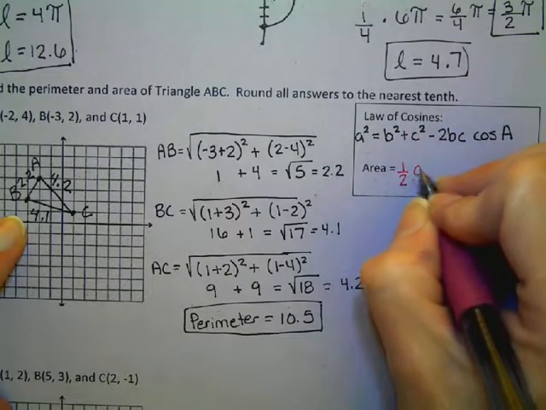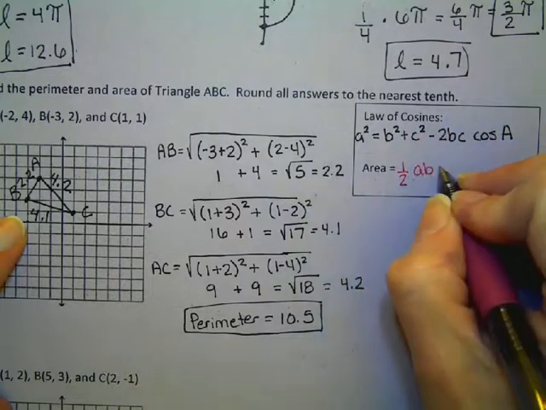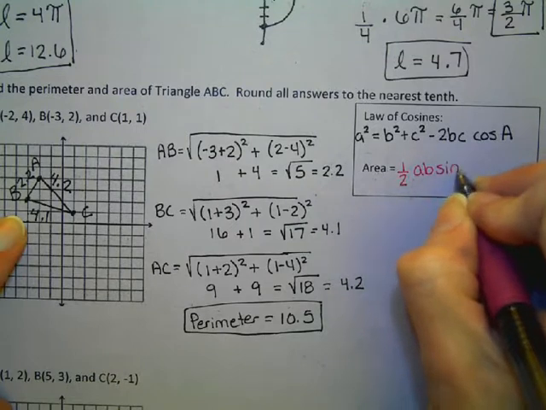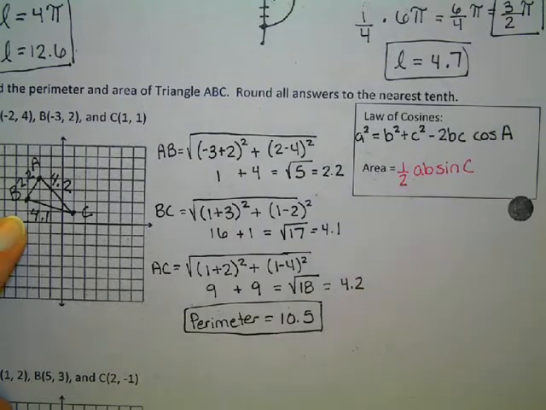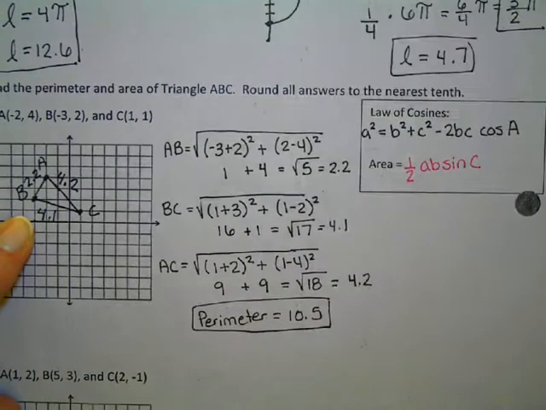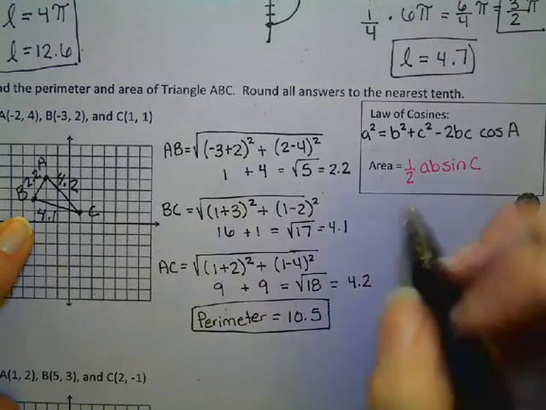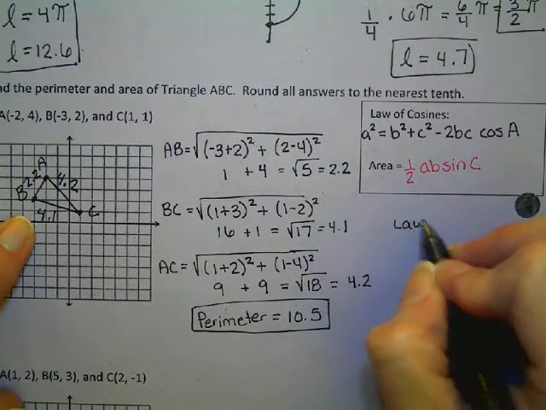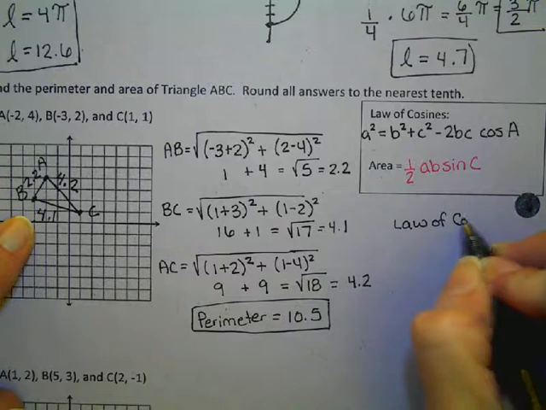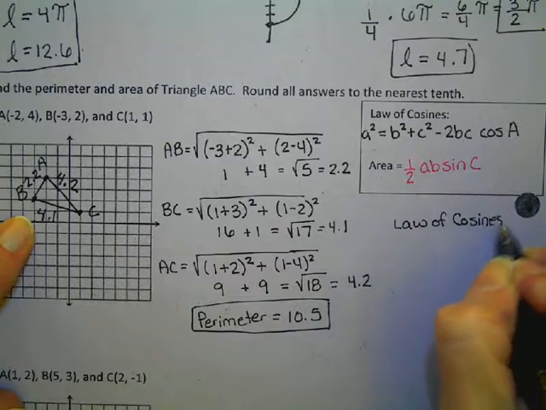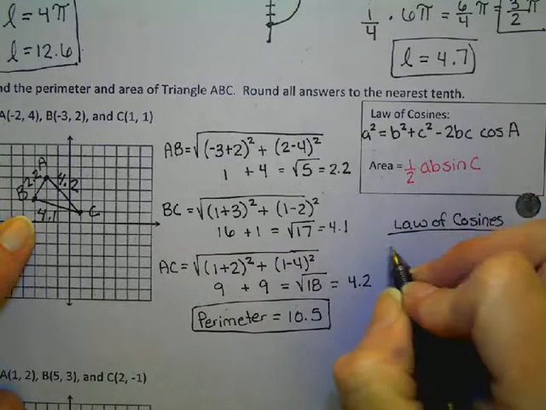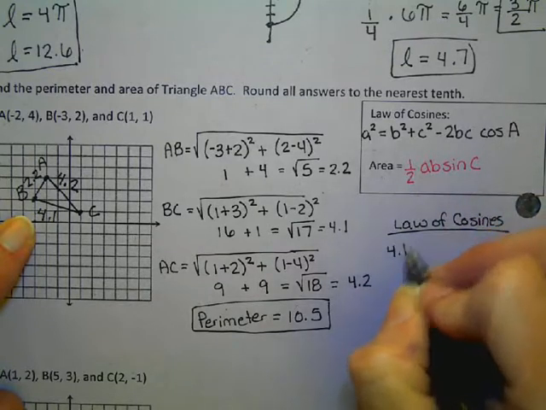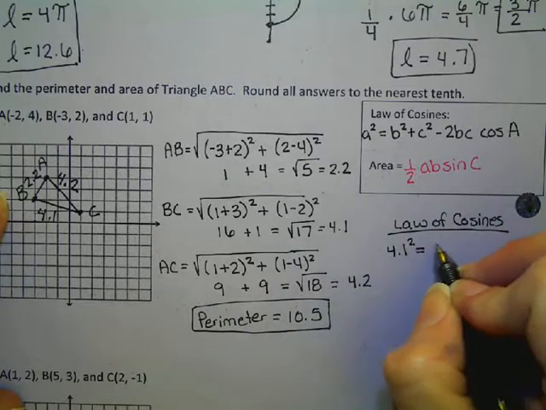This will help me find this missing angle, because the area formula we need to use is 1/2 AB sine of C, which is kind of a general thing. We're going to probably do the one related to the A instead, but let's do law of cosines to find the angle measure first.